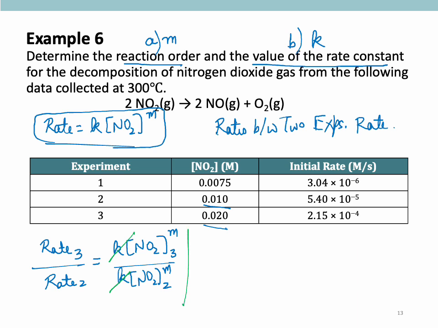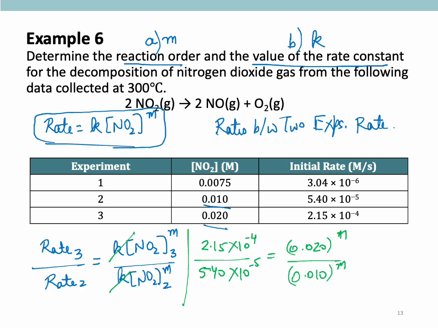What is the rate for 3? It is 2.15 times 10 raised to power minus 4 divided by 5.40 times 10 raised to power minus 5 equals NO2 for 3, which was 0.02, to the power of m, divided by 0.010 to the power of m. If we plug this into our calculator, let's see what it gives us.